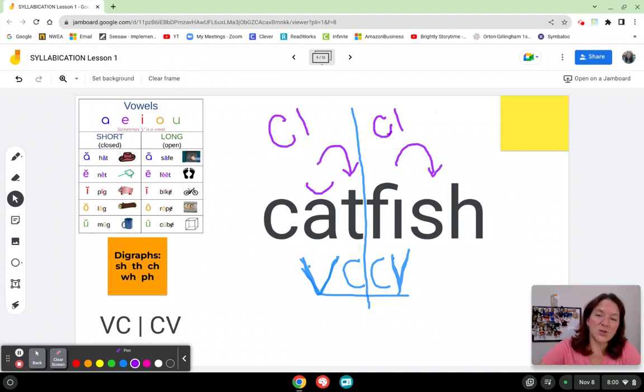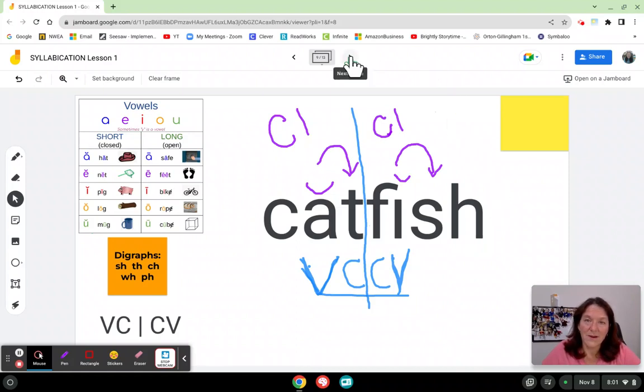And that makes a short I sound. So it's f-i-sh, fish. And then I can read this word, cat, fish, catfish. So if you haven't added those markings of closed and your arrows, go ahead and do that.